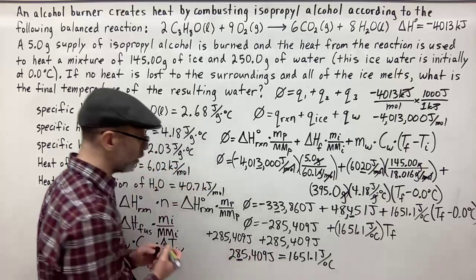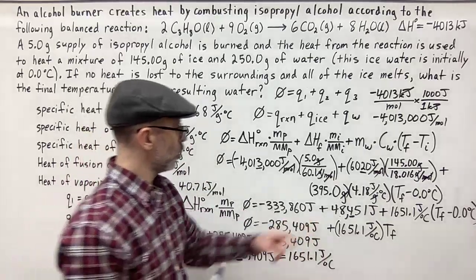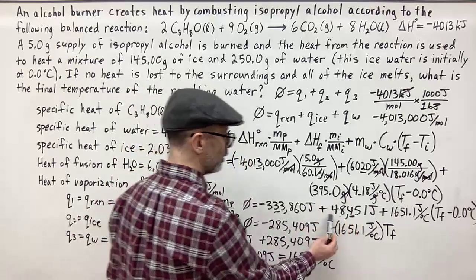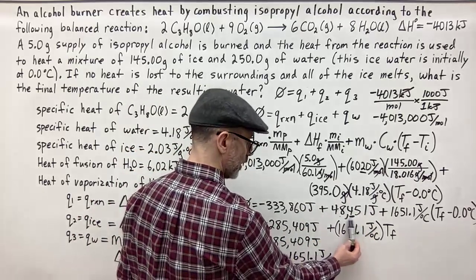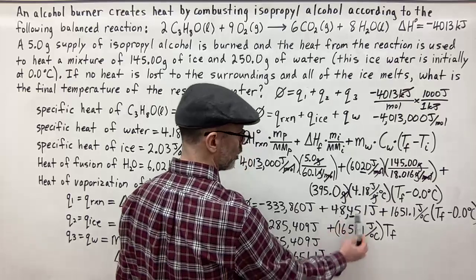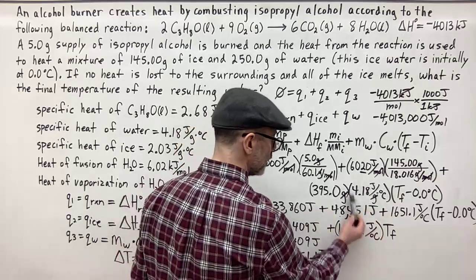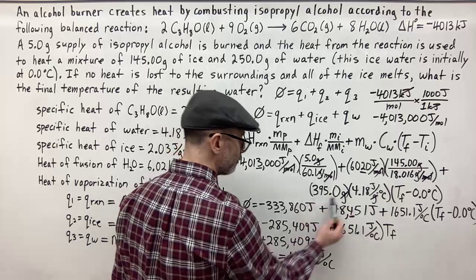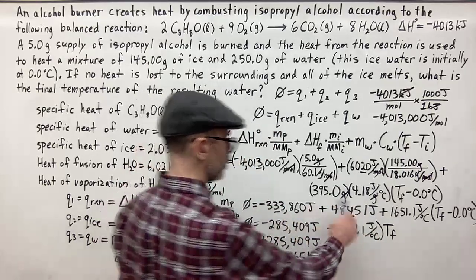I'll keep everything else. Now, what about this here? So here, how did I get this answer? Notice I have 3 sig figs here, because this had 3 sig figs, this had 4. So, no, I'm looking at the wrong one. Sorry.